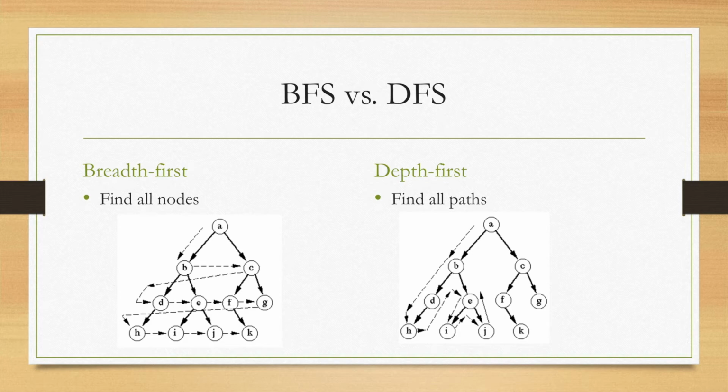If it's DFS, it will go one way down to the leaf. From A, it will search B and then D and then H. For different problems, we can use different algorithms, and that's the most efficient way. If we want to find all the nodes, we should use BFS. And if we want to find all the paths, we need to use DFS.